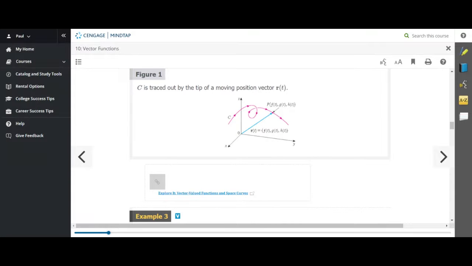As t changes, the components of the vector r change, and so you trace out many different points in space, and it traces out this space curve.